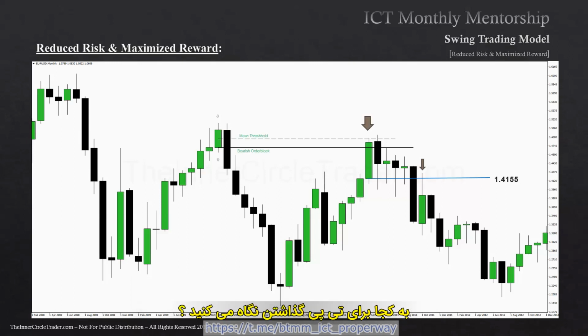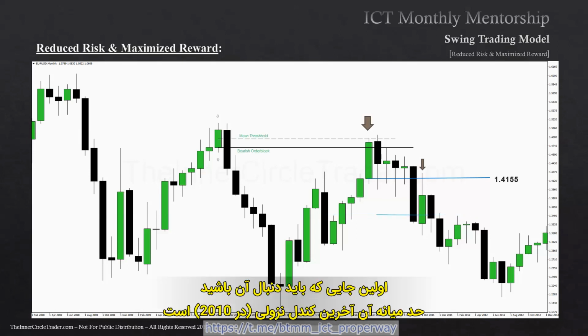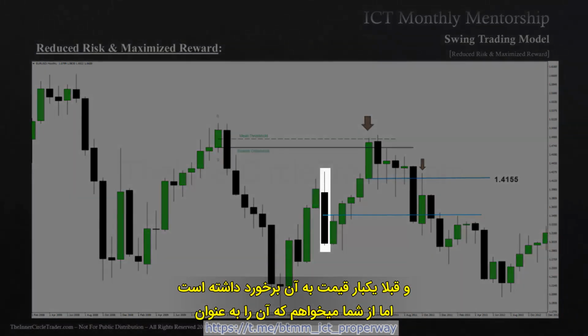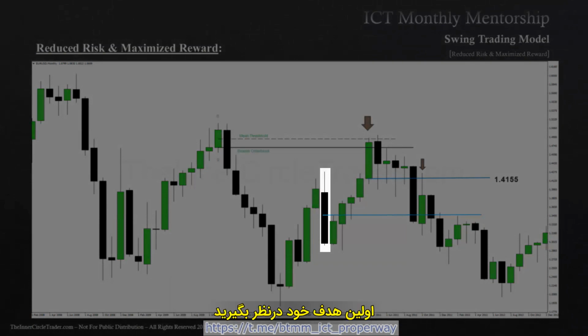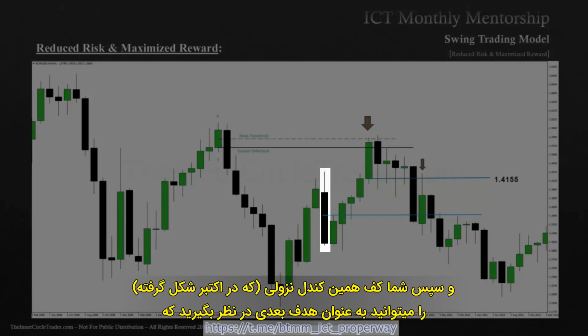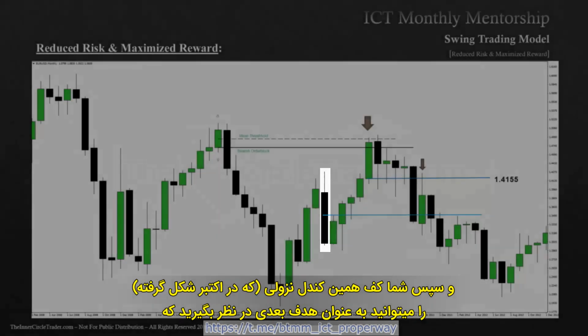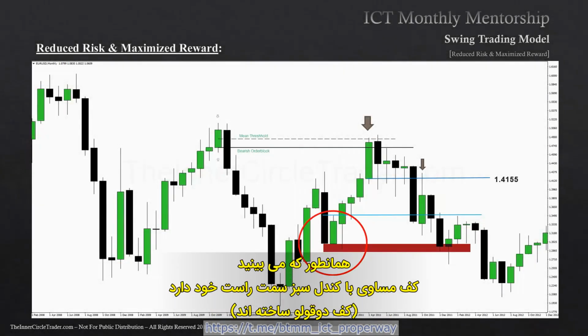Where would you look to take profits? The first one you're going to be looking for is the mean threshold of that last down candle in 2010. We've already traded there once, but I want you to consider that as your first objective. Then you'd consider the down candle in October, that same candle's low.